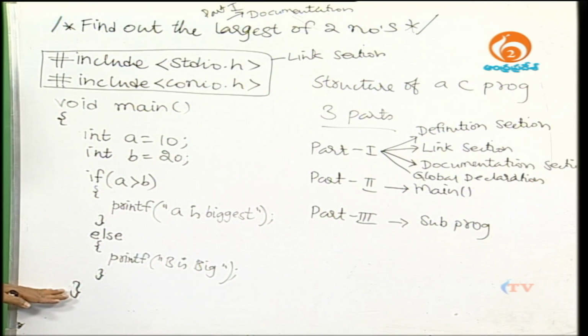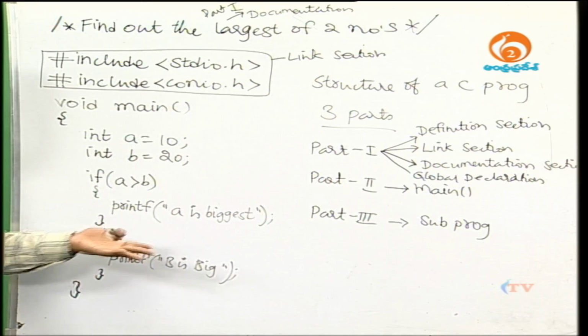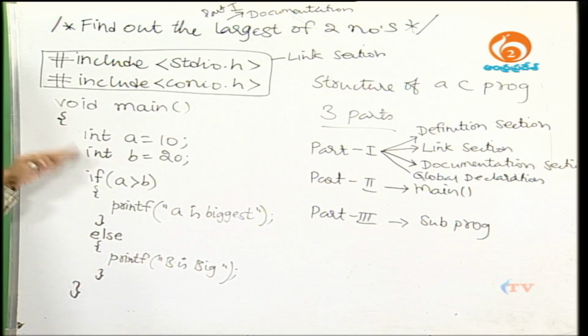The subprogram section is optional. Whenever you want to write user defined functions, we use part 3, the subprogram. Here we are writing only part 1 and part 2. Part 2, the main function, also contains the local variable section and the executable part.